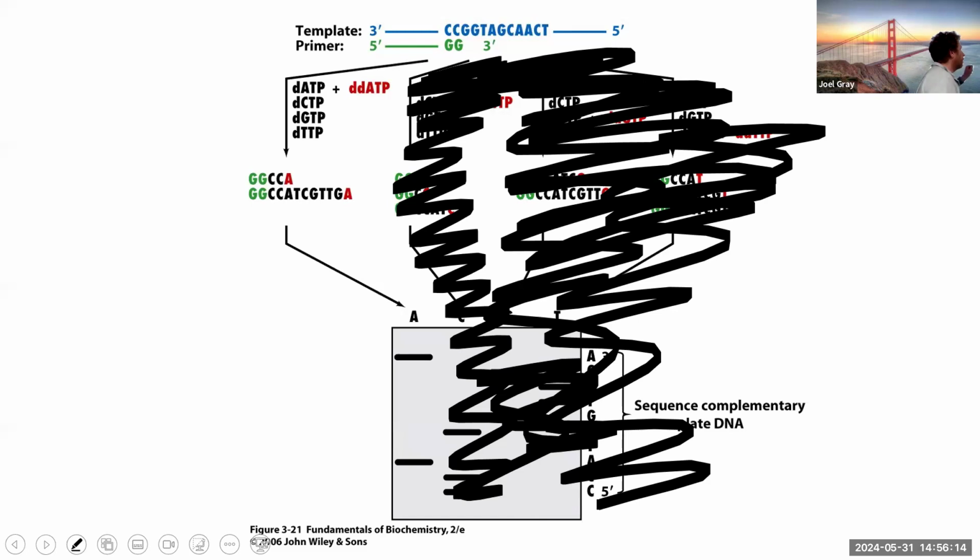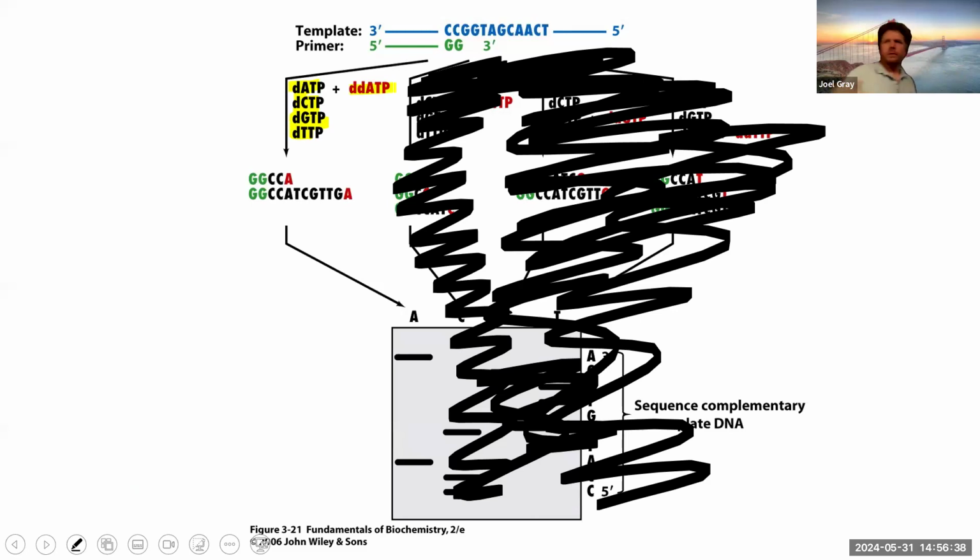So I have a reaction that I'm going to refer to as my A reaction. My A reaction has all 4 deoxynucleotide triphosphates, which are indicated right here. Okay. My A reaction also has a small amount of ddATP.